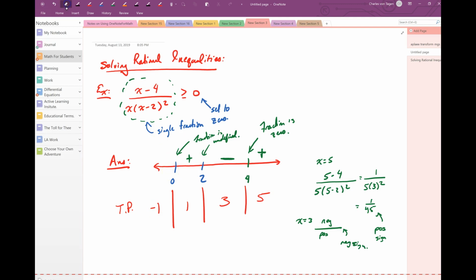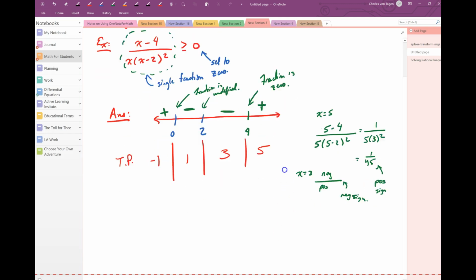Oops, I apologize, folks. I've made a mistake. Let's talk through that one more time. When x is 1, the numerator is negative, but the denominator is positive. So this should be a negative sign here. And when I plug in -1 into this, the numerator is negative, the denominator is negative, and so we get a positive region there.